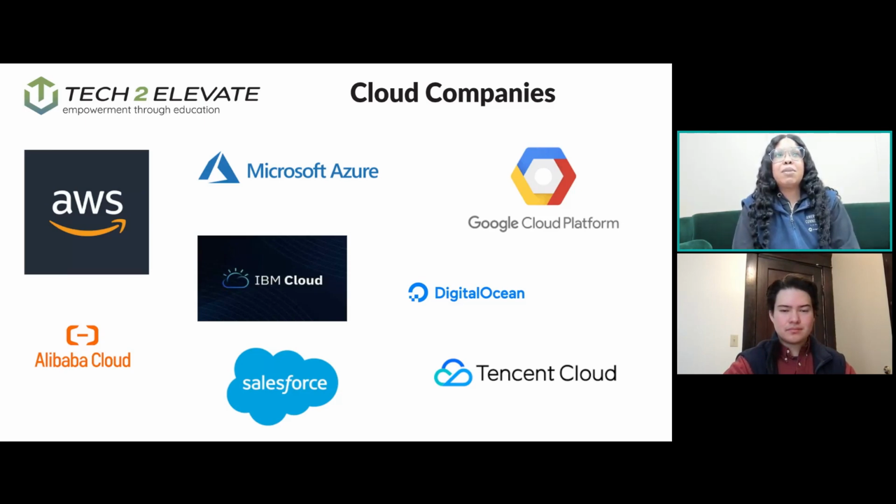And then you may see some other ones that you are familiar with, like the Alibaba Cloud, which is the largest provider in Asia. But they're national. They provide cloud nationally. But Salesforce, IBM, these are some of the companies. If you're not familiar, get familiar with them, because they definitely are some of the top companies that provide that cloud.